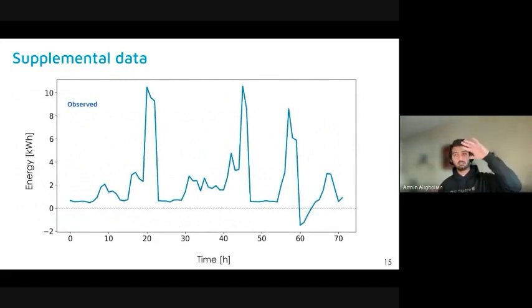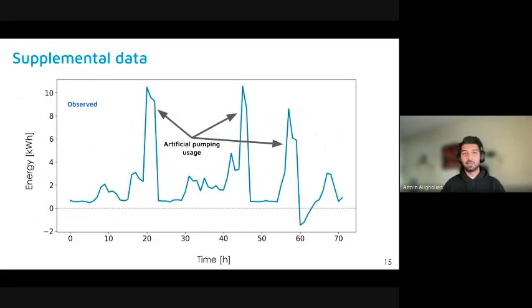So this is basically the same meter that we saw. That's why I said I'm using the same meter, same 3 days for the comparison. In this case, again, observed values are in the blue curve, but I personally added artificial pumping usage, or that can be EV charging. It doesn't matter.